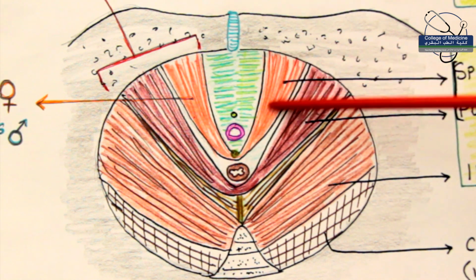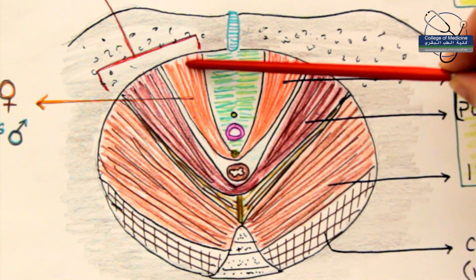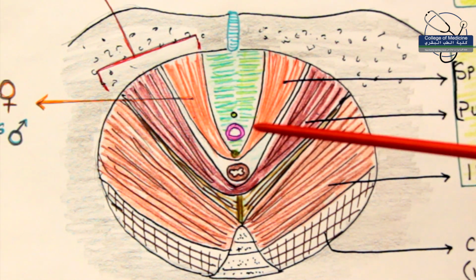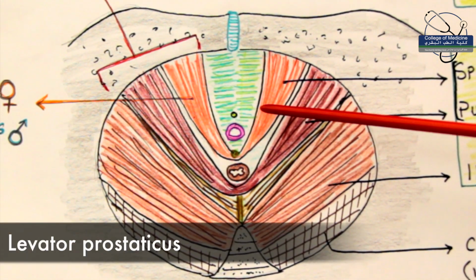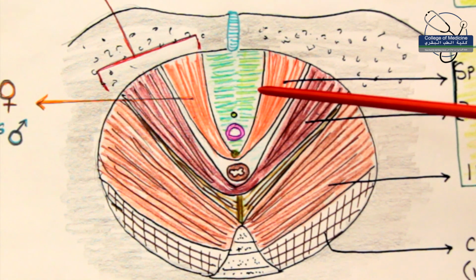So this is the sphincter vaginalis in females, and in males, it's known as levator prostaticus or puboprostaticus.